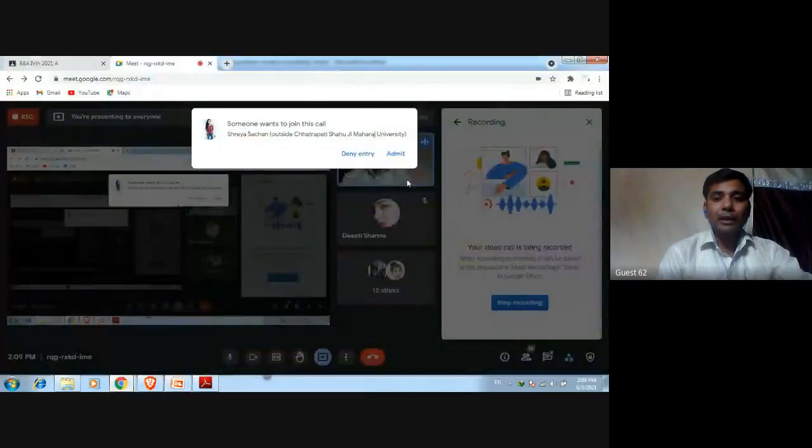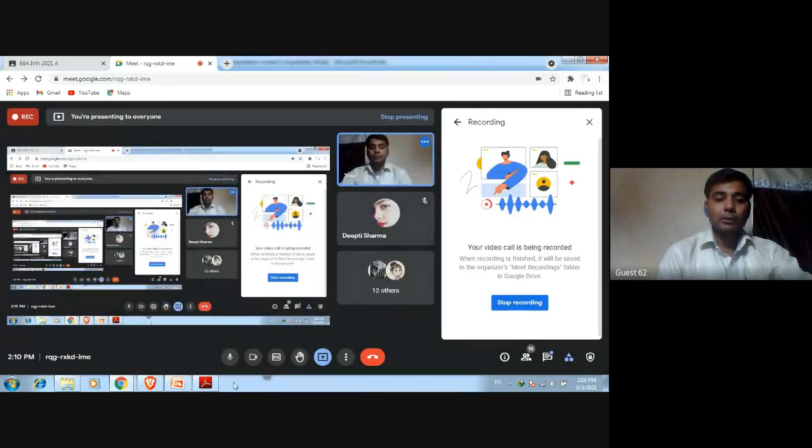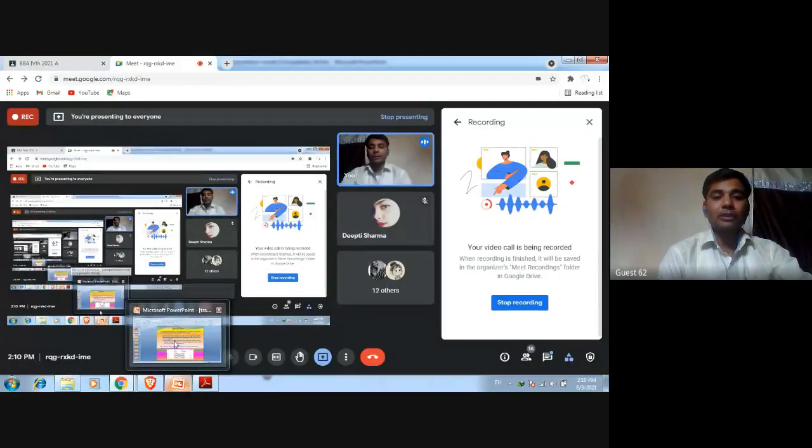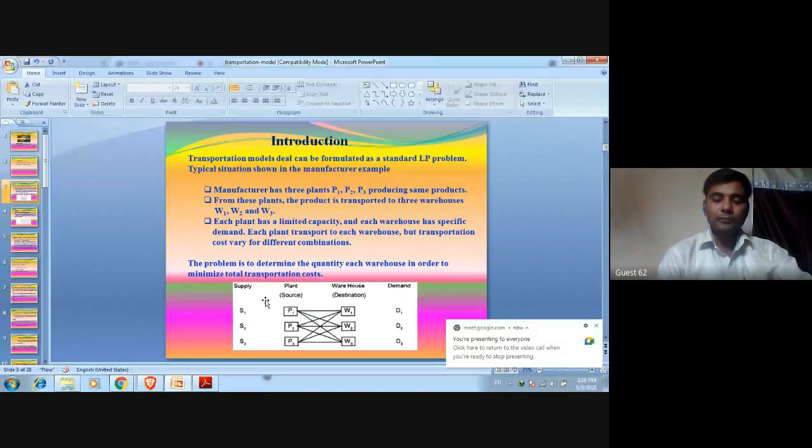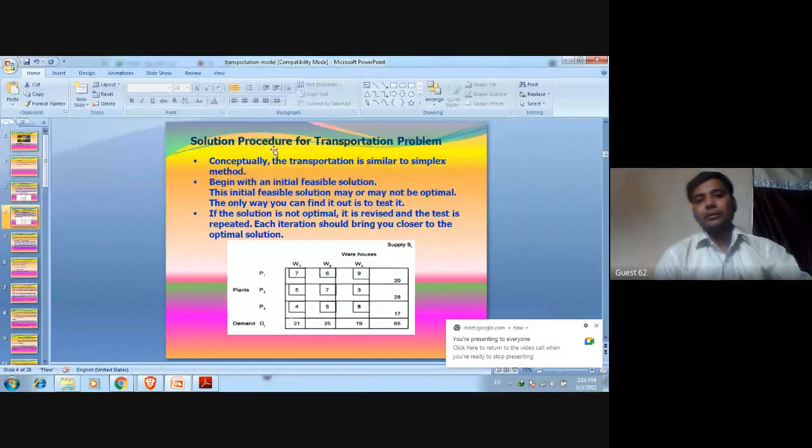So plant P1 can send the product to all the warehouses if the transportation cost is minimized. Now let us see next. Here is an example of how we will get the transportation cost and what is the procedure for that.